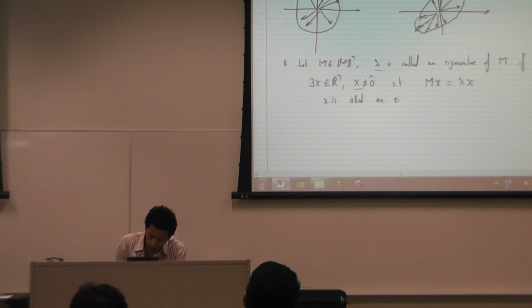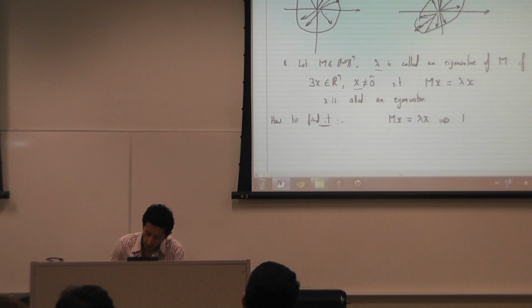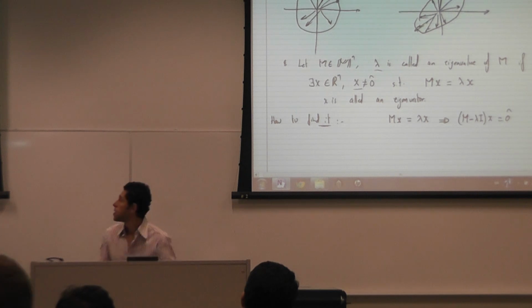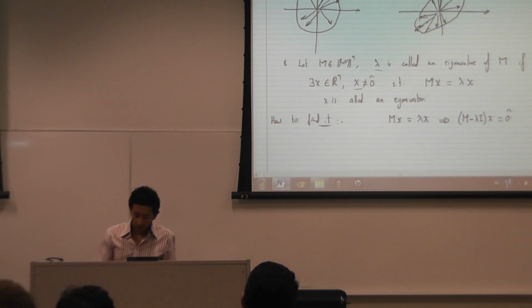Now, how you find an eigenvector is a different story. To find an eigenvector, what you usually say is, I know that Mx is equal to lambda multiplied by x, which means that (M minus lambda I) multiplied by x is equal to the zero vector. x is not 0, that means that M minus lambda I cannot be inverted.